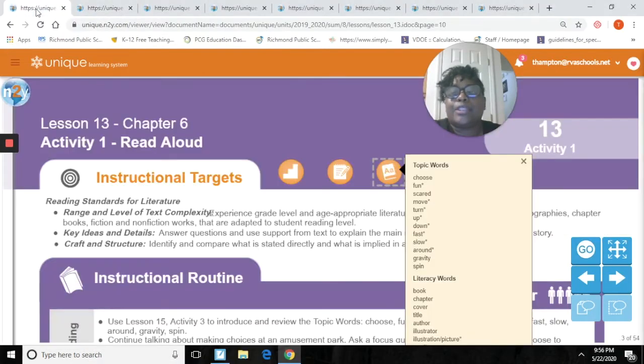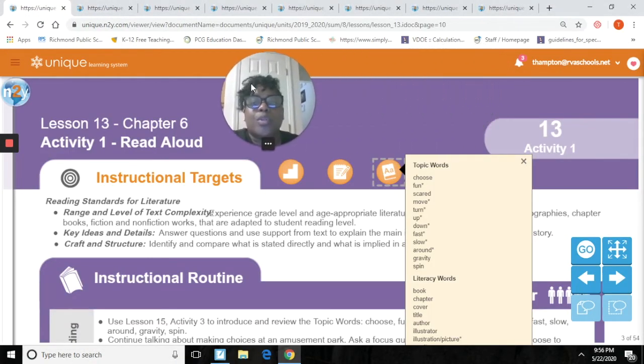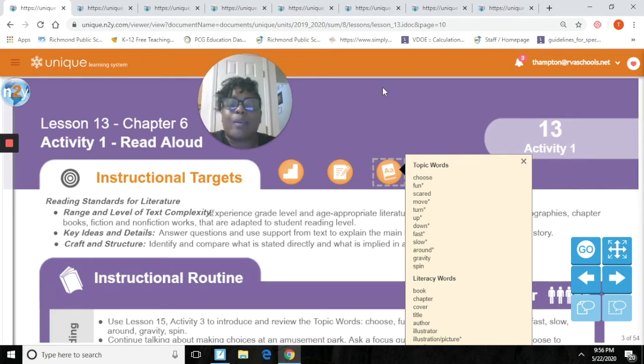Before we begin our story, you always know what we're going to do. We're going to go over those topic words first because I want you to be able to focus in on these words as we read the story. So what I want you to do is get your pencil, and I want you to underline the words in the story. You can do this after we have finished reading the story.